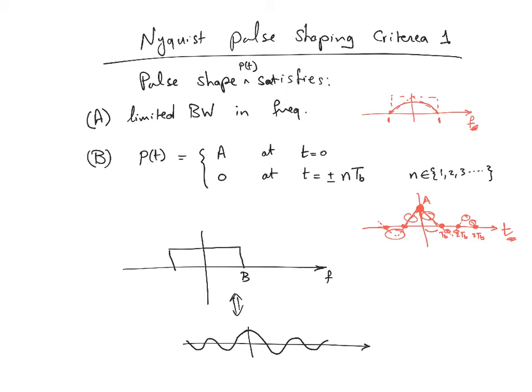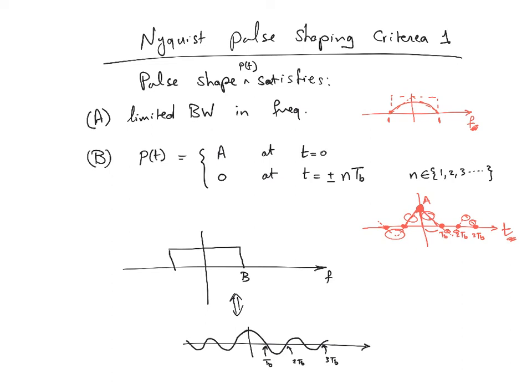That sinc function is chosen such that it's equal to 0 at TB, at 2 TB, at 3 TB, and so on.